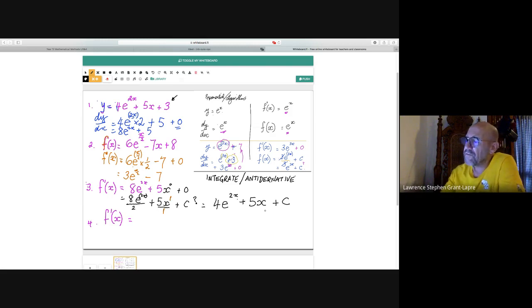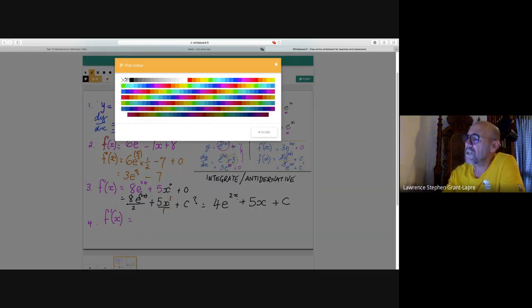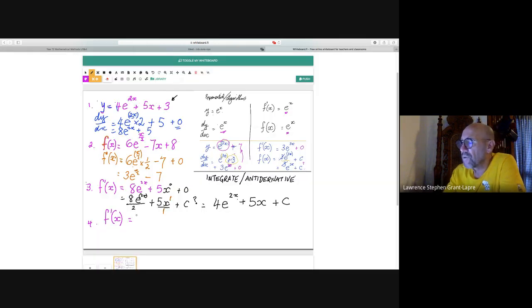Okay, let's look at question 4. And I just want to use the answer for question 2, which was 3 e to the x over 2 minus 7. And I want to get the antiderivative of that. So I want to integrate that. So if this is the derivative, then we antiderive that. We simply get f of x.